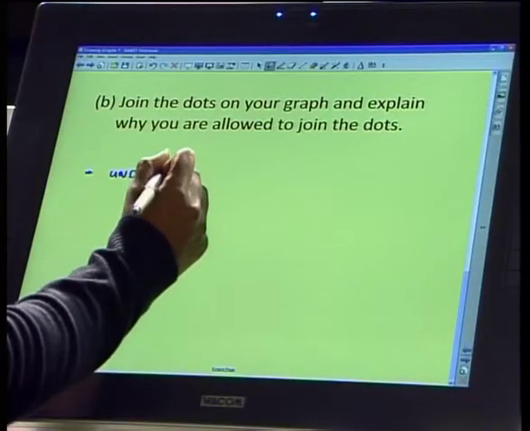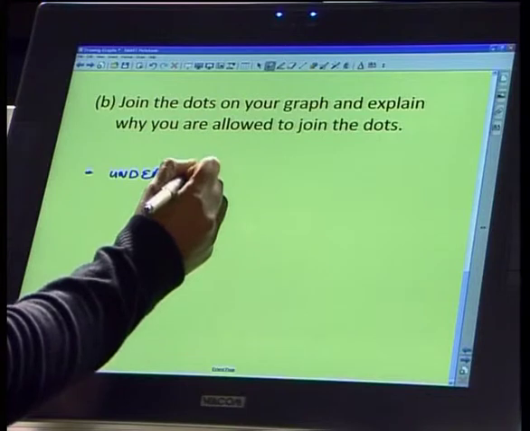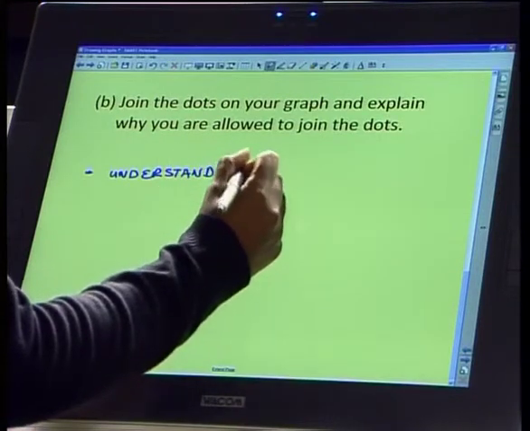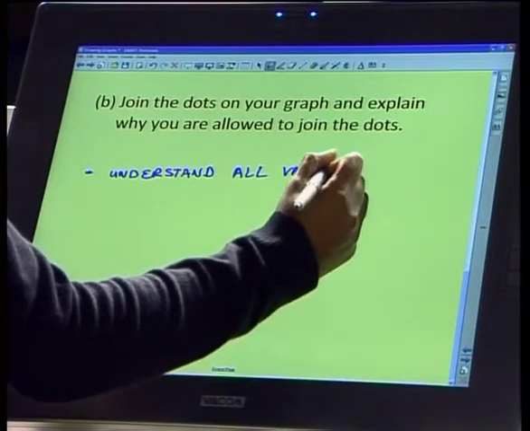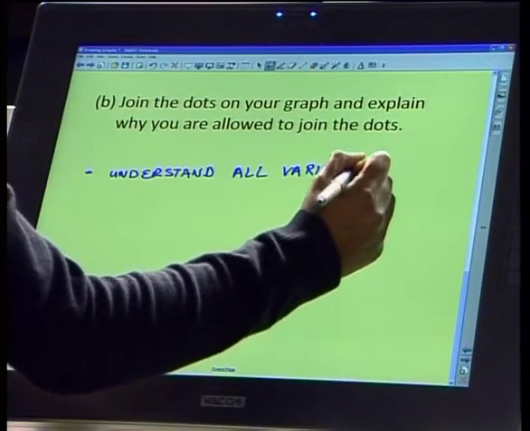So that is a typical example where you can be given a formula and then asked to sketch a graph. Now some hints and tips when you are asked to sketch a graph using a formula. Firstly, when you plot from a formula, always make sure you understand all of the variables being used. So you need to know what the x and the y values represent.